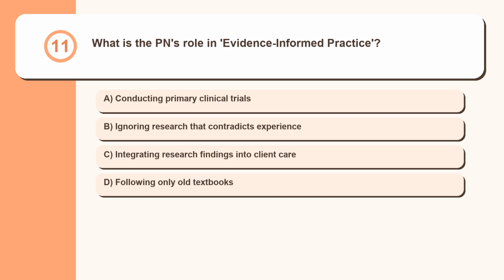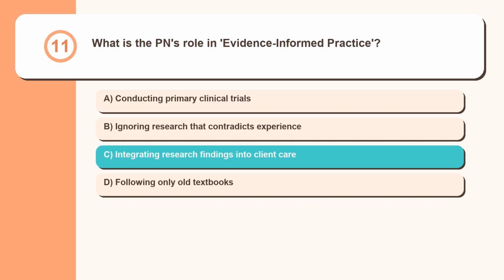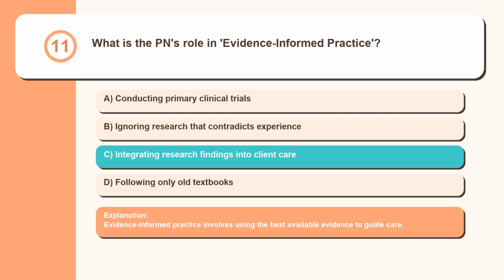Question 11. What is the PN's role in evidence-informed practice? Conducting primary clinical trials, ignoring research that contradicts experience, integrating research findings into client care, following only old textbooks. Evidence-informed practice involves using the best available evidence to guide care.